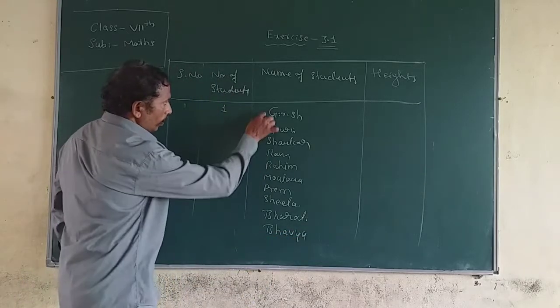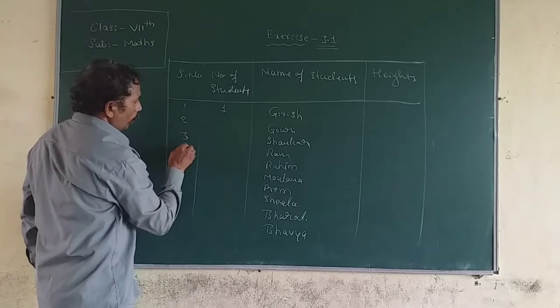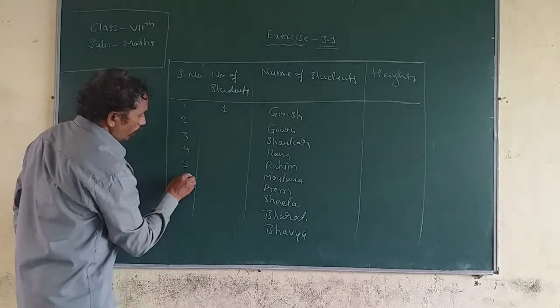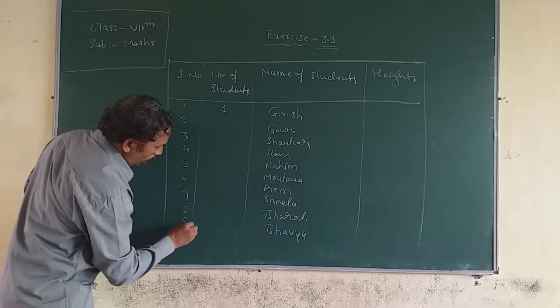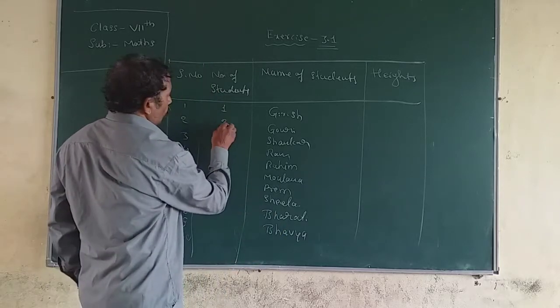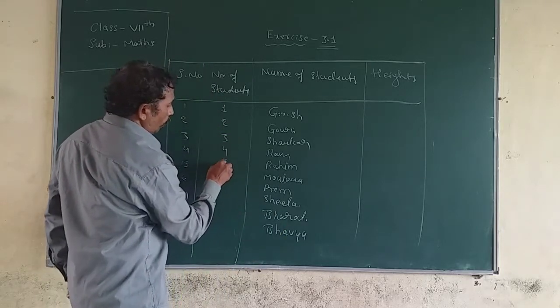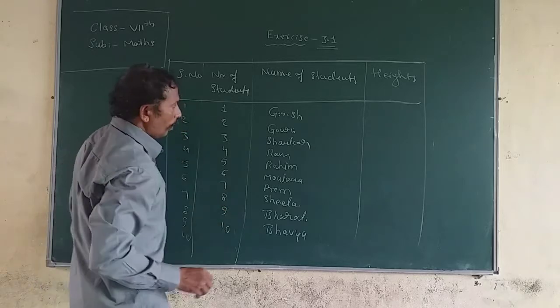So these are the names of 10 students, numbered 1 to 10.